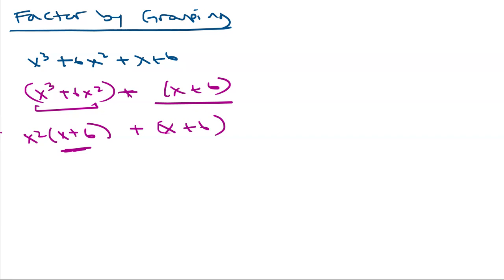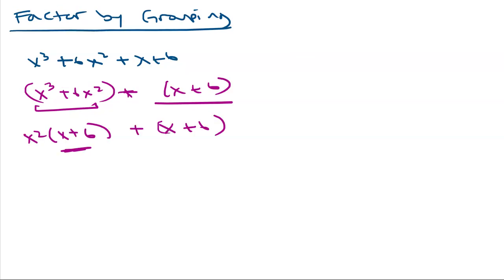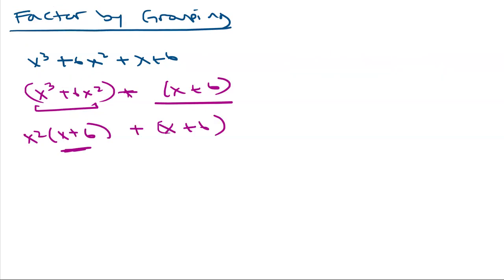Now I can do what I just did on the last one, where I noticed we had y minus 2, so we factor that out. Notice that we both have x plus 6, so we're going to take that out.